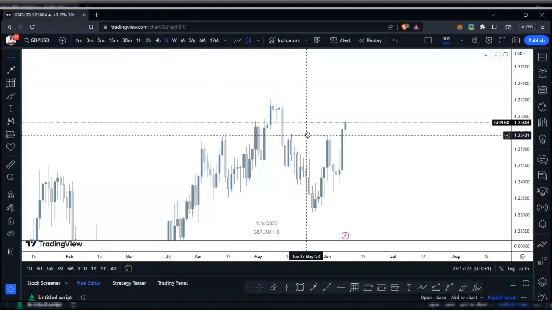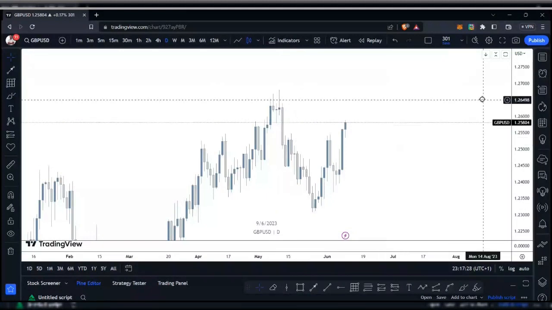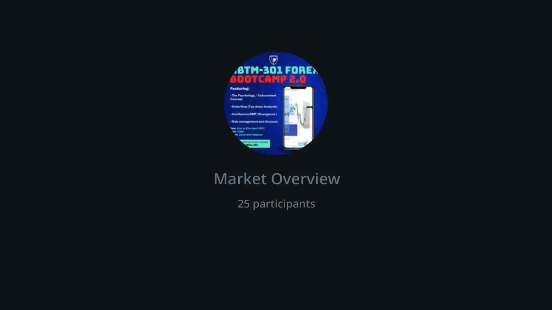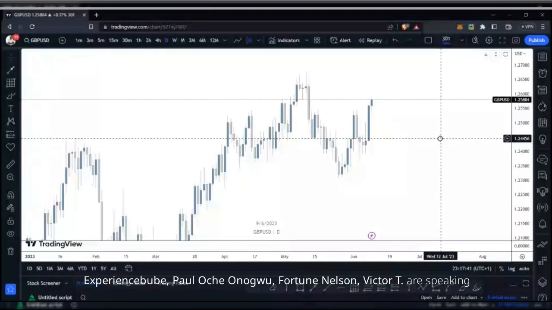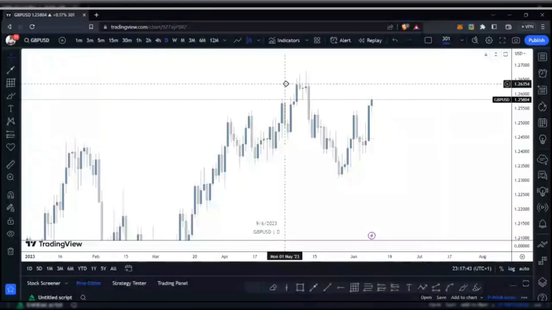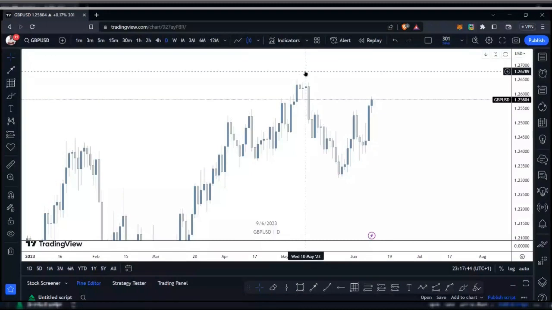I think that should be a better question. Is price bullish or bearish? Bullish. Current price is bullish. Since price is bullish, that means price is aiming for this high, right?